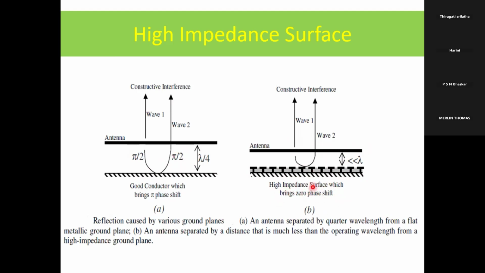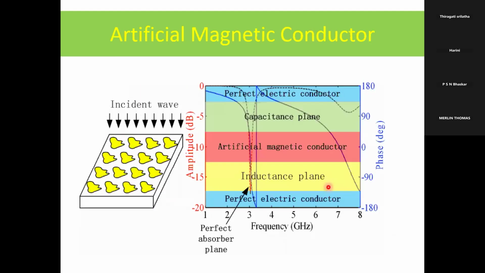So this is also called the high impedance surface, or PMC, and because it is artificial it is called the AMC. And you are going to represent the characteristics of the artificial magnetic conductor. What characteristic do you want to show if you want to claim any material as an AMC? What is the parameter we have to show?